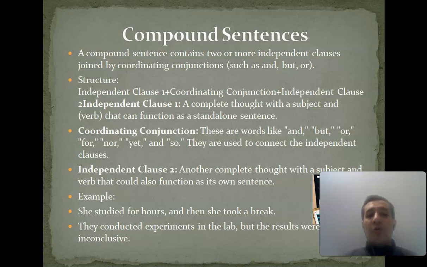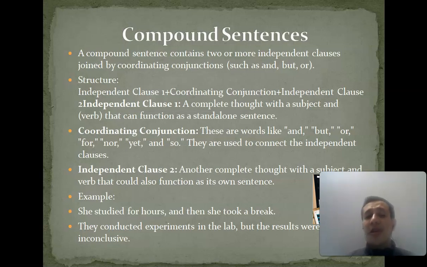The structure is the independent clause plus a coordinating conjunction plus a second independent clause, which is a complete thought with a subject and a verb that can function as a standalone sentence. The coordinating conjunctions are words like and, but, or, for, nor, yet, and so.